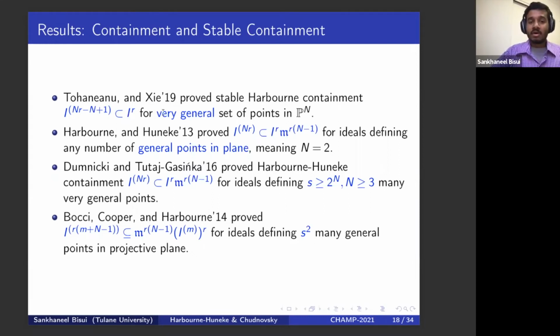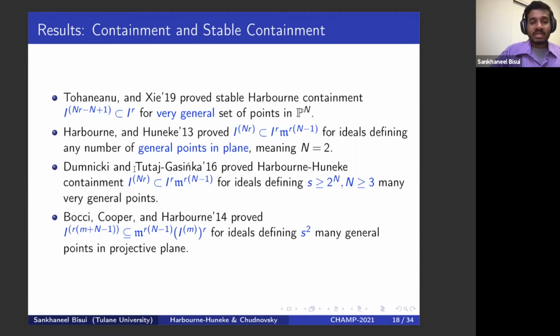This holds for a very general set of points in the projective space. Harbourne and Huneke proved that the first Harbourne-Huneke containment, meaning the nth symbolic power sits inside I^r times m^(rn minus r), holds for ideals defining any general points in the projective plane.